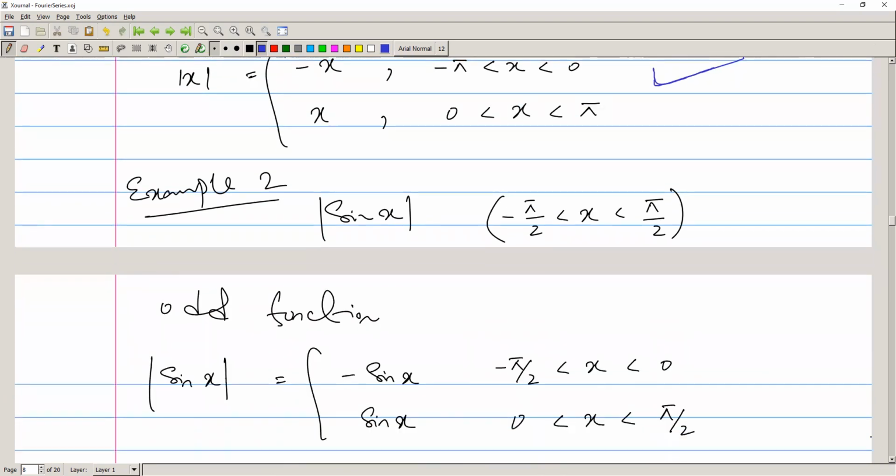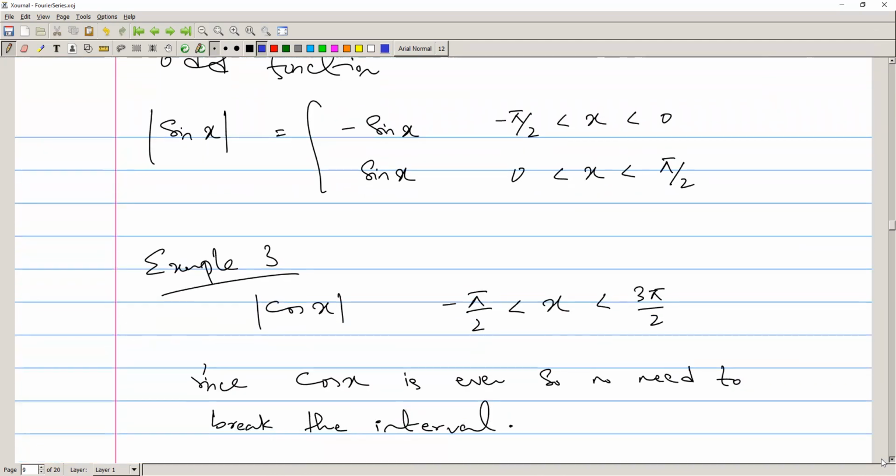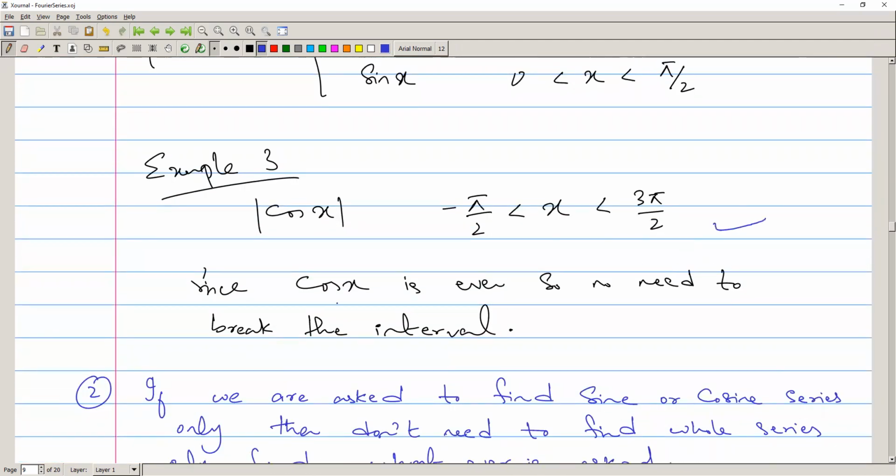Similarly for sine x, we break the interval. And for cosine, since cosine is even, there is no need to break the interval. You can integrate it from negative pi over 2 to 3 pi over 2 of cosine x dx, right?